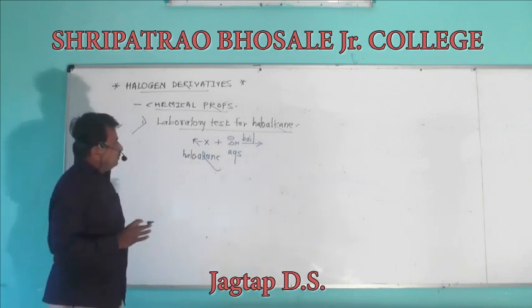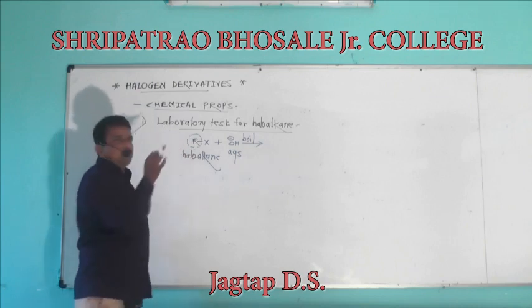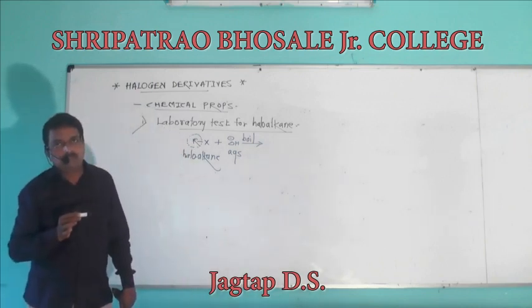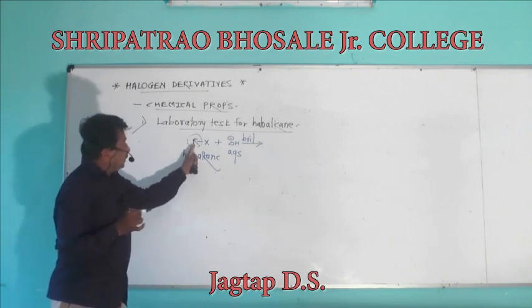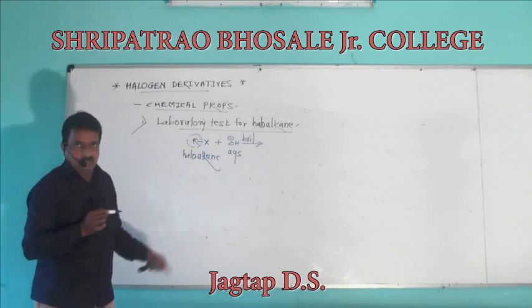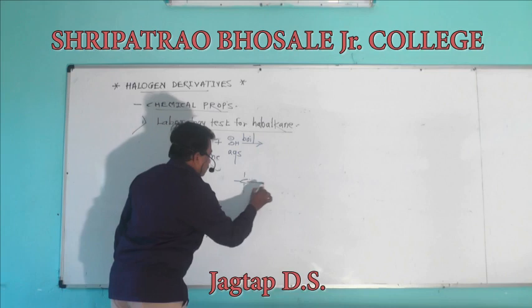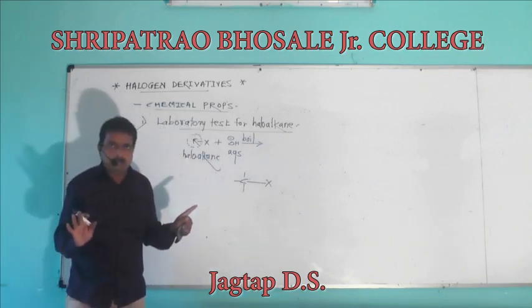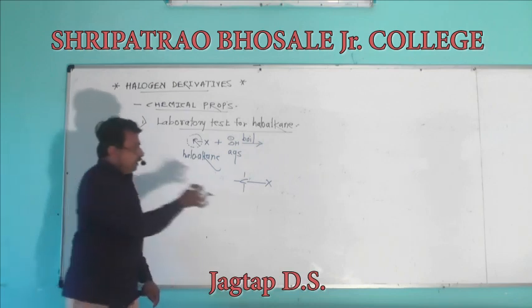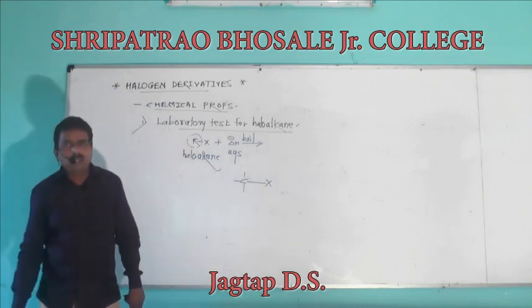In alkyl halide, the carbon atom which is attached to the halogen atom is electron deficient. Electron deficiency is due to the electronegativity difference between C and X. In short, in alkyl halide, the halogen atom is directly attached to an sp3 hybridized carbon atom. The halogen atom is more electronegative.